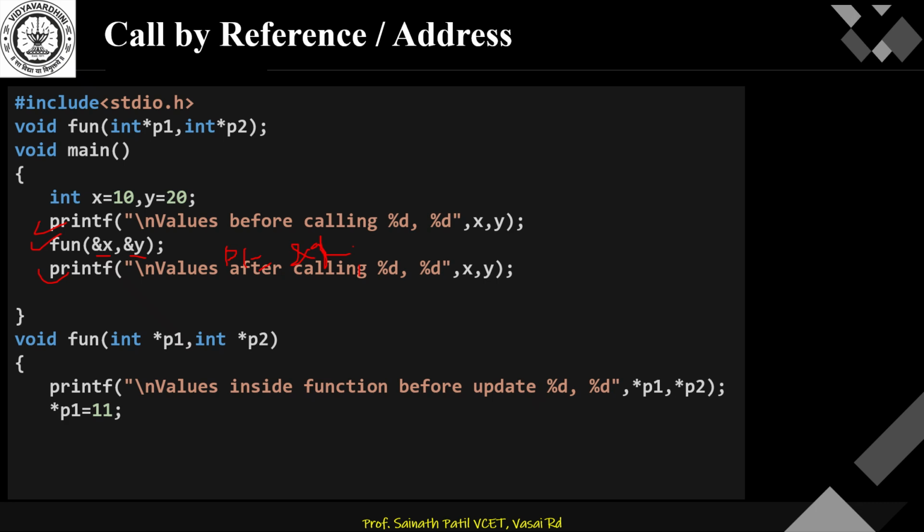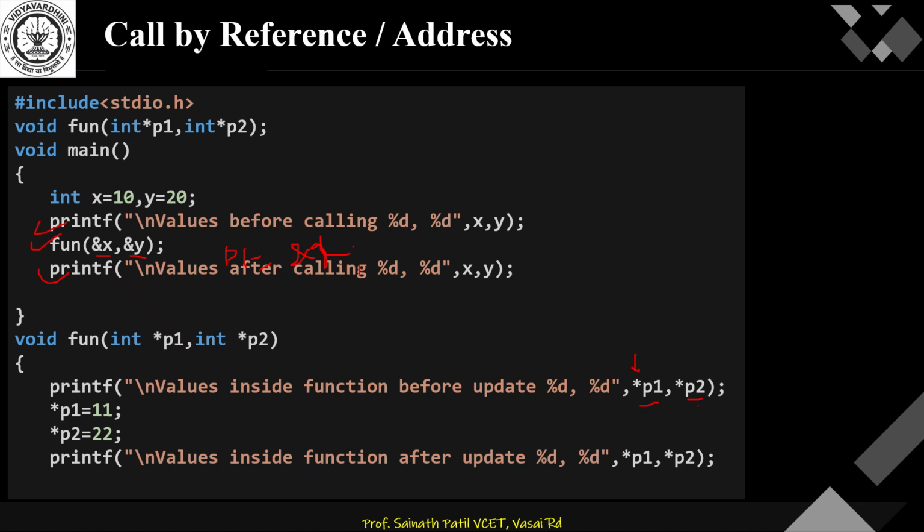Inside the function we display values inside function before update, that is now *p1, *p2, that is here *p1 is nothing but the value at address p1, and the value at p2, that means what values are stored at p1 and p2.